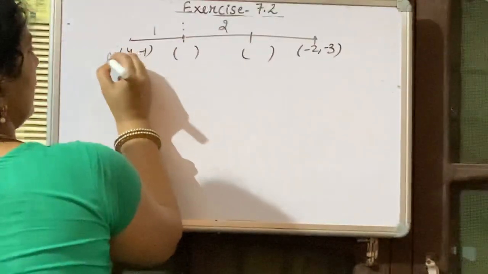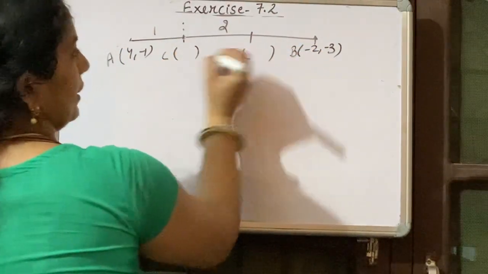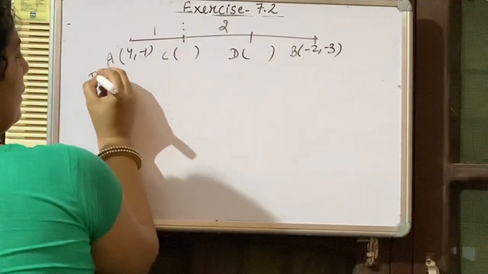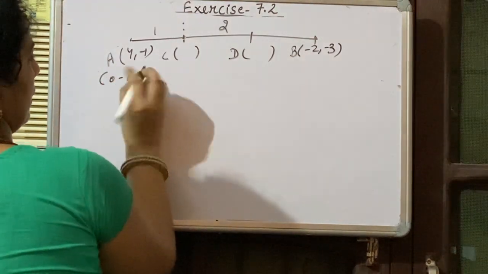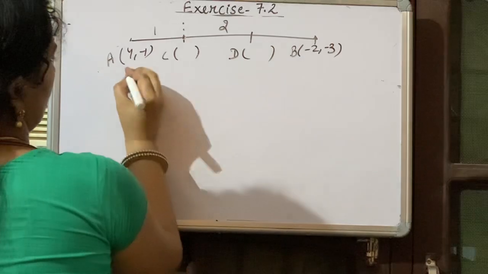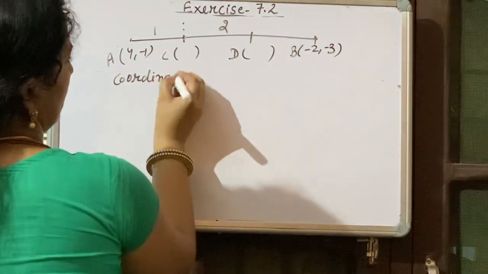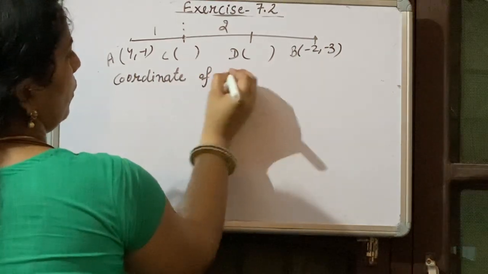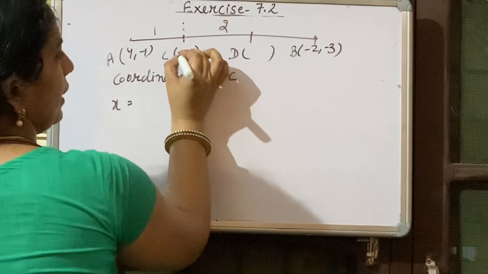If we consider points A, B, C and D, then we will write here the coordinate of C by using the section formula.